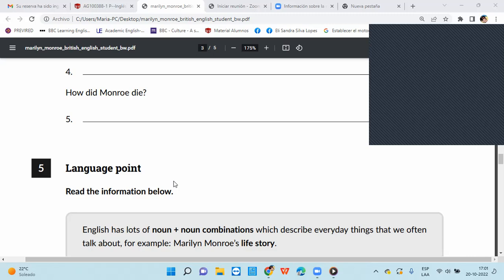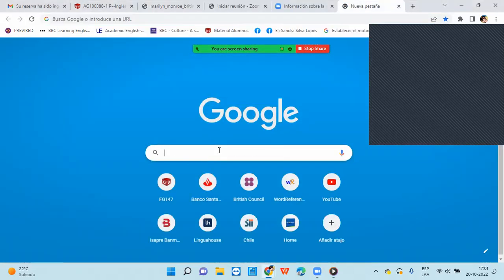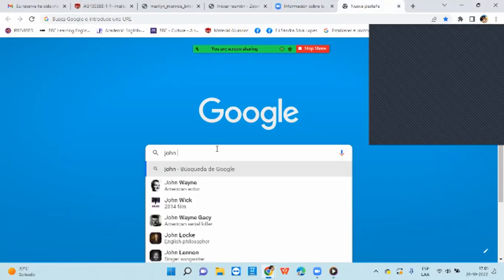And you know, she died in 1962. And in 1963, I think, Kennedy was killed. Was it in 1963 or 1962? Wait a minute, now I have a doubt.